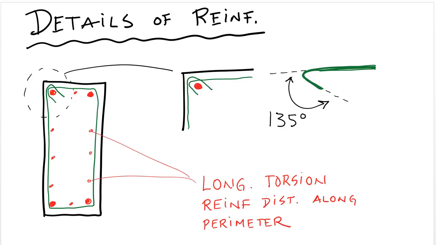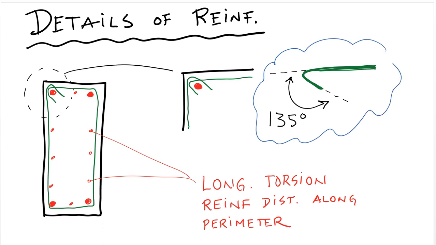A couple of details related to the transverse reinforcement and the longitudinal reinforcement. In order for a transverse reinforcement to be effective for torsion, it has to be closed with what we call a seismic hook. So that hook, when you make the stirrup, it has to lock in at the ends with two hooks that are at least 135 degrees. So I'm showing here the hook coming in on the left.